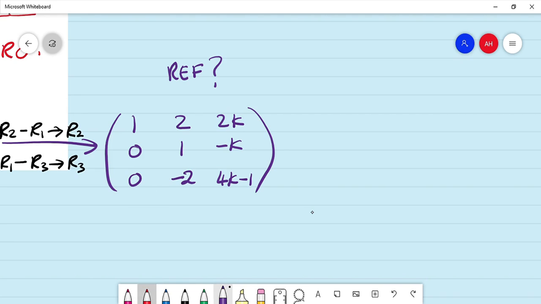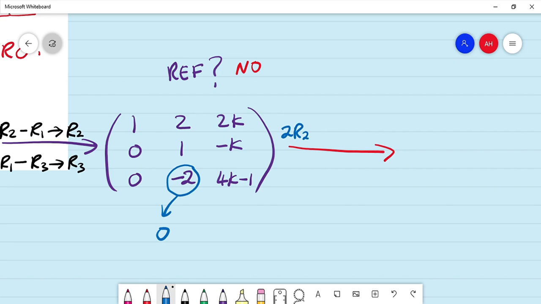Alright, now is this already in REF yet? No, it's not yet, so we have to continue the process. We want to make this number negative 2 into 0. The operation that we have to do is 2 times row 2, and then we add it to row number 3 and write down the answer in row number 3 and see what happened.